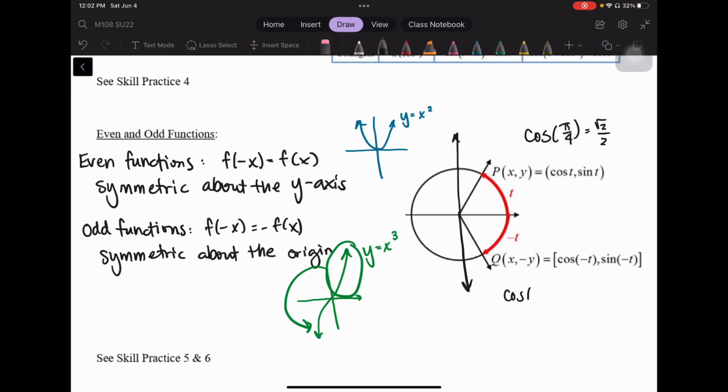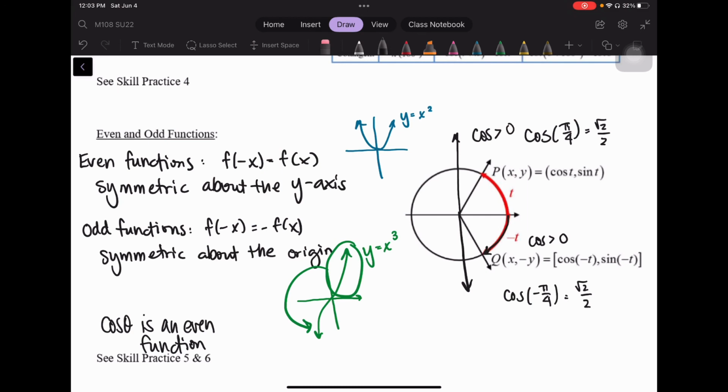The cosine of negative pi over 4, that's the same thing as 7 pi over 4. That's also root 2 over 2 because cosine is greater than 0 in the first quadrant and in the fourth quadrant. So when you plug in a value for theta and the negative value for theta, you get the same value out. That means that cosine is even.